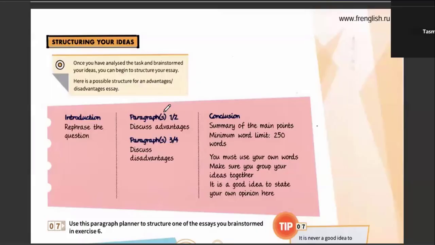You will give a summary of what you just spoke about, and most importantly, you will state your ideas in a very proper way so that it gives a very nice conclusion. Like, for example, you did talk about the advantages and disadvantages, but you think that this is rather very good for people.